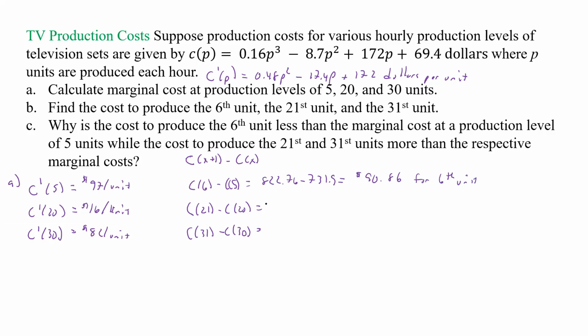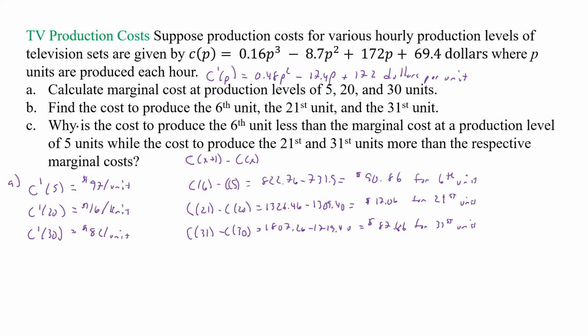Here we had 1326.46 minus 1309.40, and that gives us 17.06 for the 21st unit. And then here we had 1807.26 minus 1719.40, and that gives us 87.86 for the 31st unit.